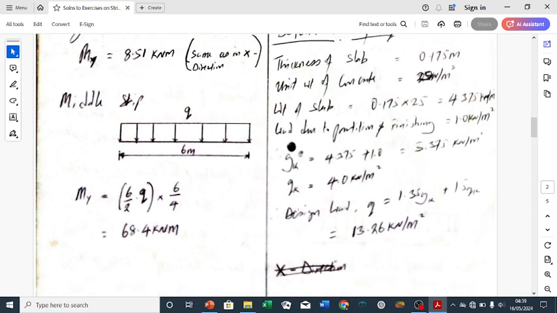So we can use our design load formula: Q is 1.35 GK plus 1.5 QK, where 1.35 is a factor of safety for permanent action and 1.5 is a factor of safety for variable action. And so with that, we calculate our value of Q to be 13.26.